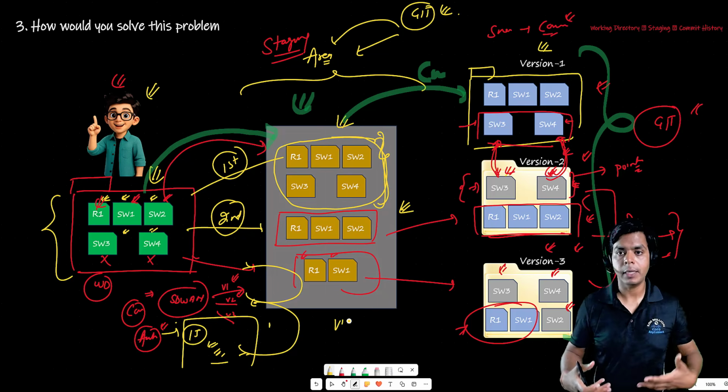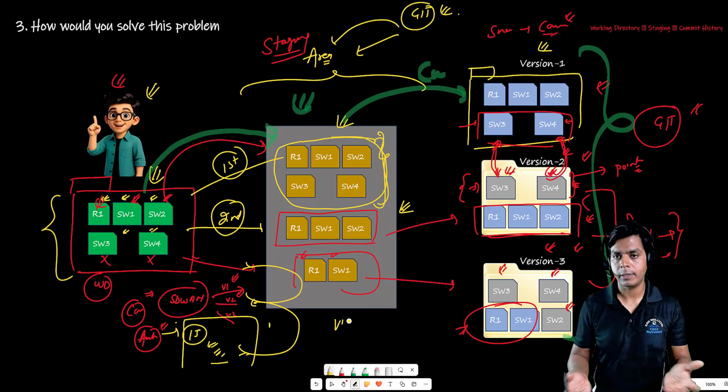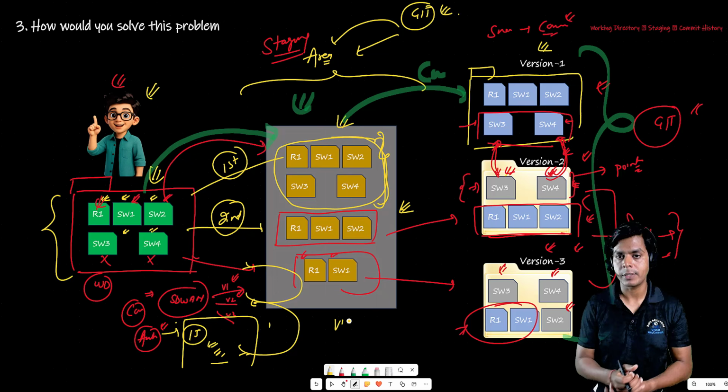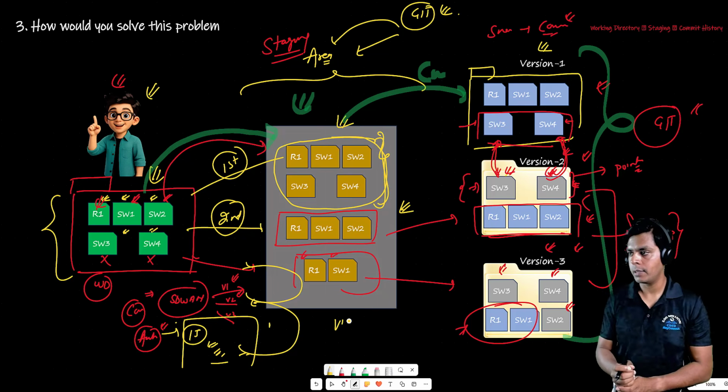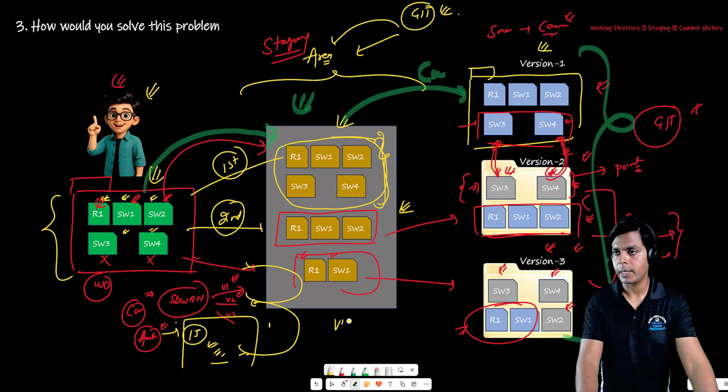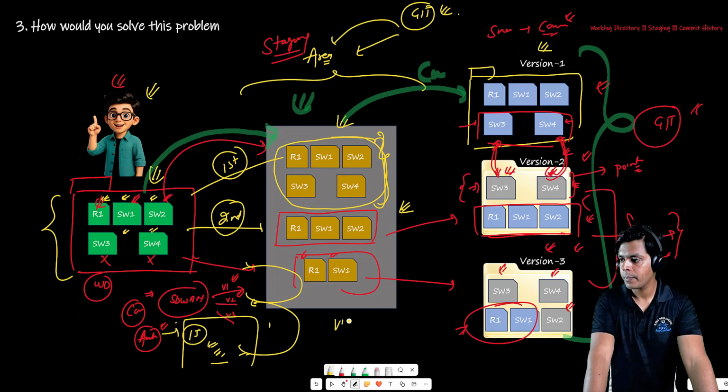But if you are managing your files and nothing is controlling your versions, then we need Git. Am I making sense, Vadim? Yeah, Vishnu, I got it. Perfect, thank you very much.